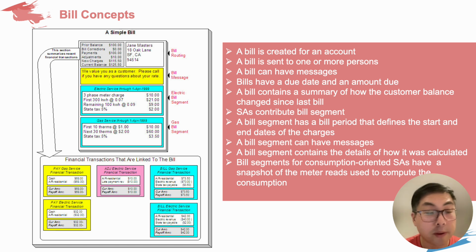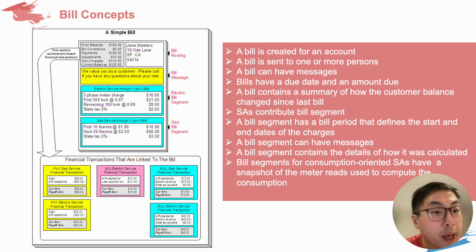So first of all, if we look at this simple bill, the first one is the bill routing, which means who actually gets the bill, and the bill message. We can add a message on the bill, and it can be assigned dynamically when the bill is generated, based on the algorithms.